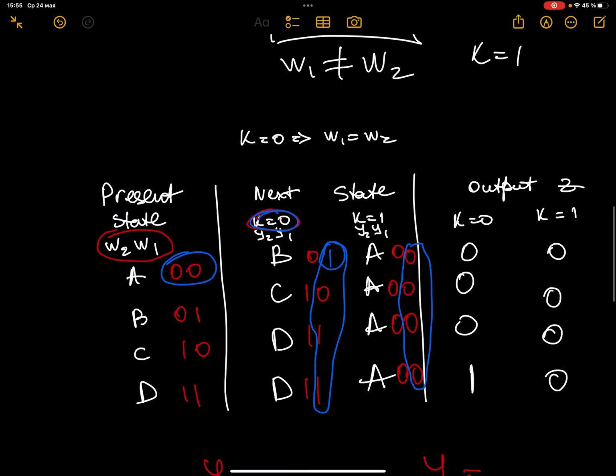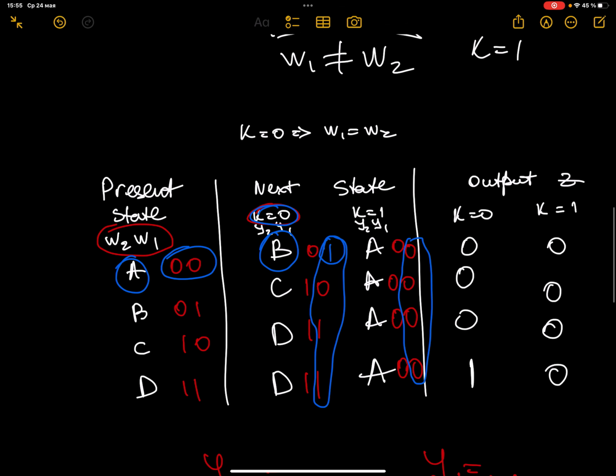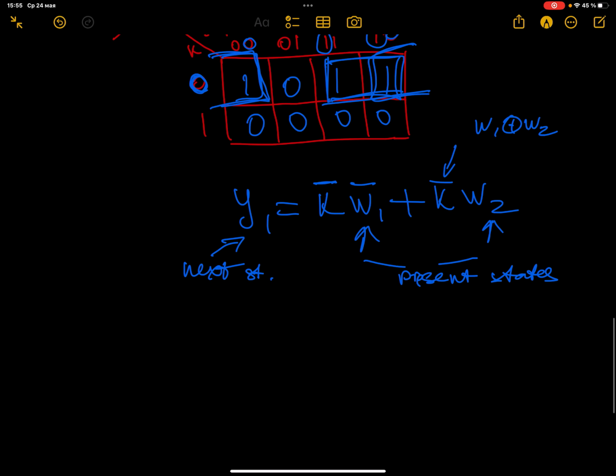If you have this A state, and you pass 0 0 to W1, W2, and also put 0 for K, finally you will get 0 1, which is the B state.